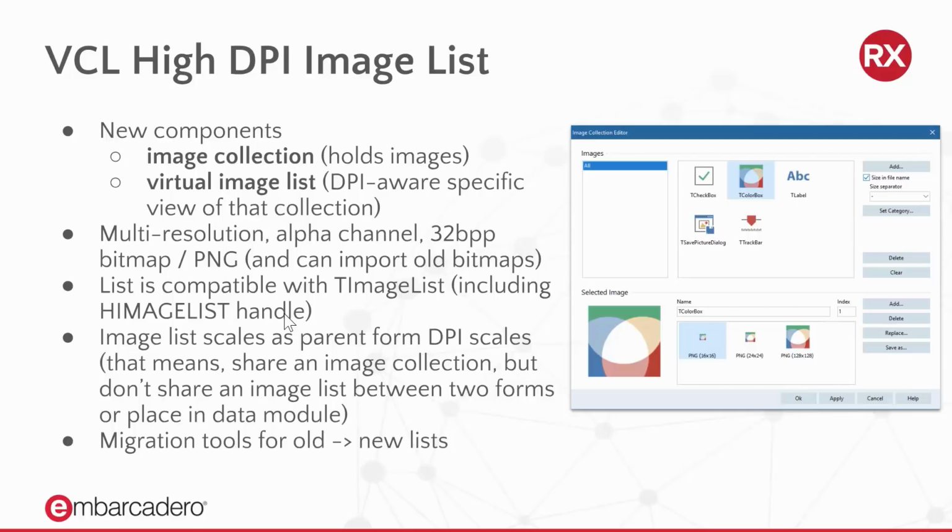So supposedly, we are looking for 24 by 24 images. The virtual image list will contain only the 24 by 24 versions of the images in the collection. If an image is not available at that size, it will be rendered from the closest one. That's not ideal, but it's still better than, of course, not having the image.